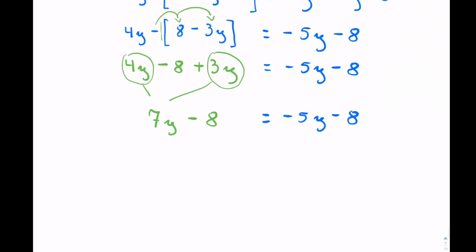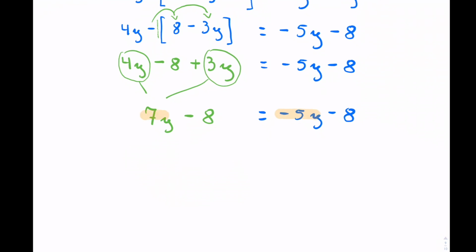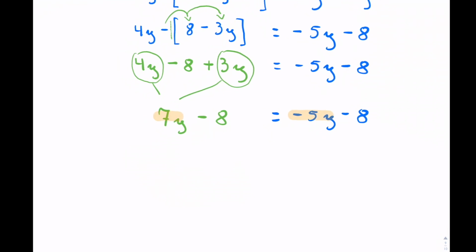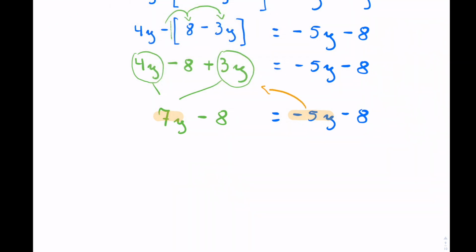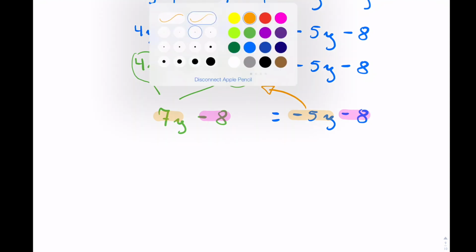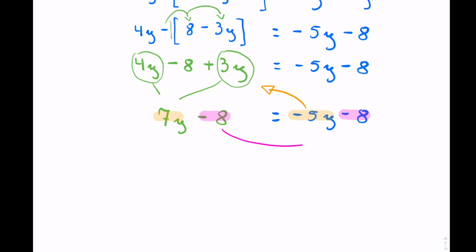Okay. So now I will group my like terms together. And I'll try to keep my unknown on my left-hand side. So I'll bring this one over here. And then I'll take my like terms to numbers, and bring this one over on the other side.